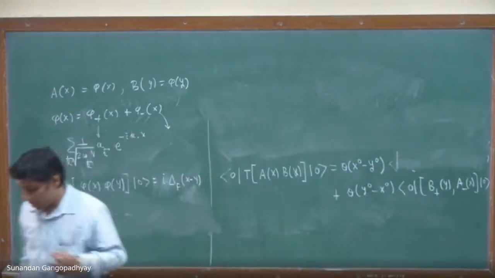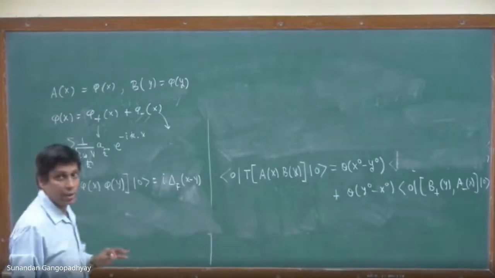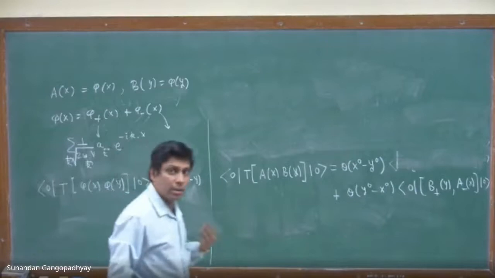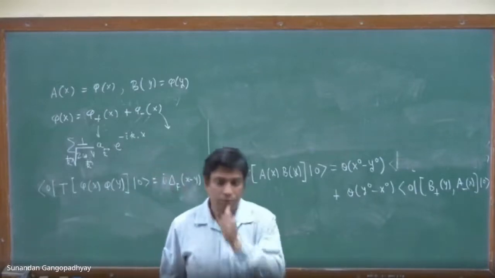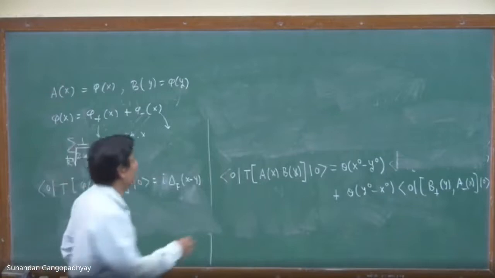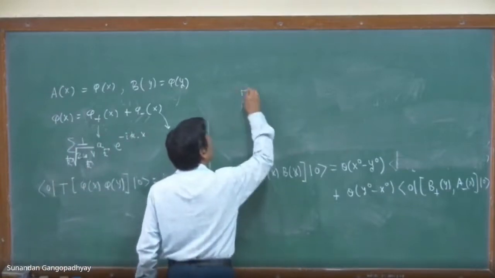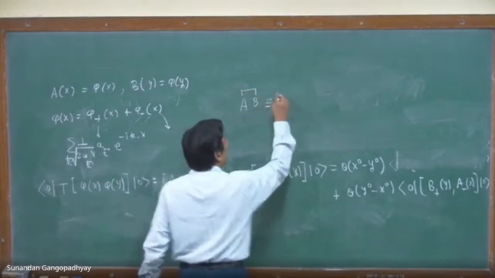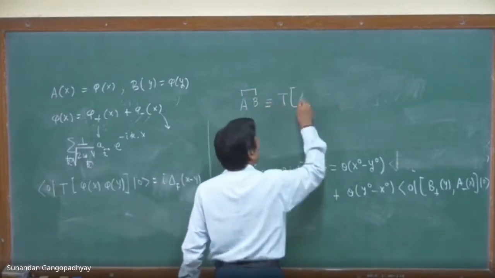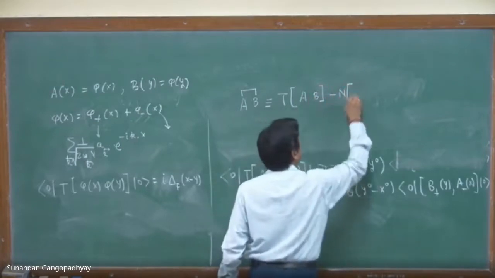And a commutator is a number, right? It is a c-number. So in general, we can define some object like this, which is basically nothing but this quantity. So let us define this quantity.